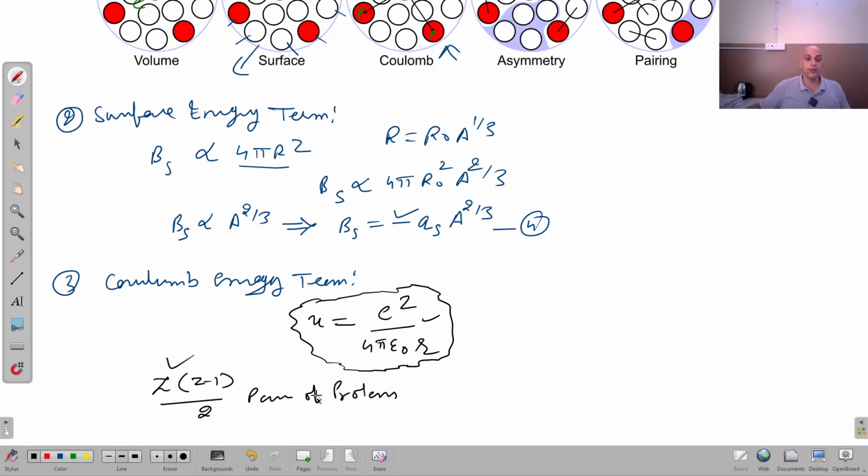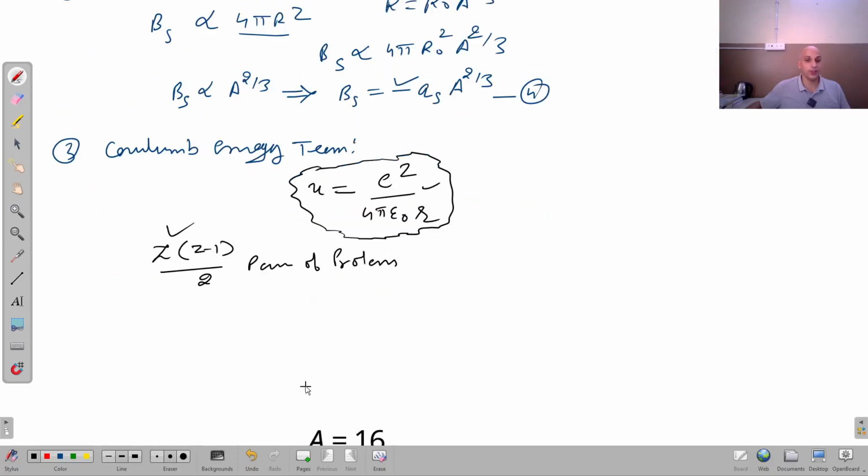So the total repulsive potential energy will be equal to Z into Z minus 1 by 2 into e square upon 4 pi epsilon naught r average. Here I wrote r average. R average is the average distance that I took between the different pairs of protons, right? Here we have taken only 2 protons, but now we are considering all the protons. So I am taking the average distance, right?